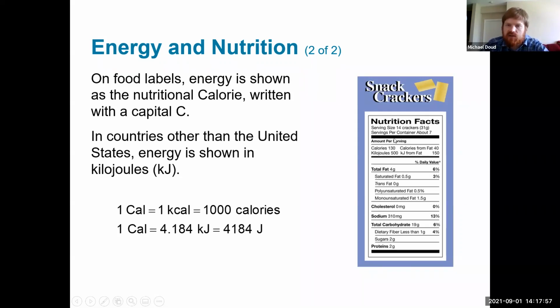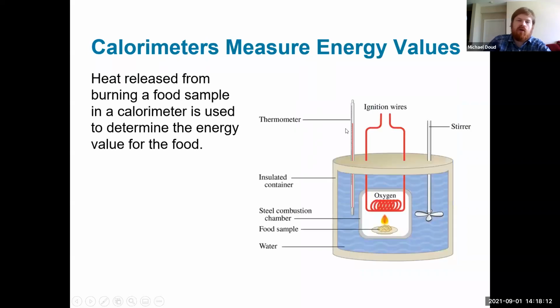So here is, I think, a label from Canada or some country where they use both. There are calories and kilojoules both listed in the nutrition label. Okay, all right. So you might ask yourself, how is it that we actually get these calorie numbers for our food?